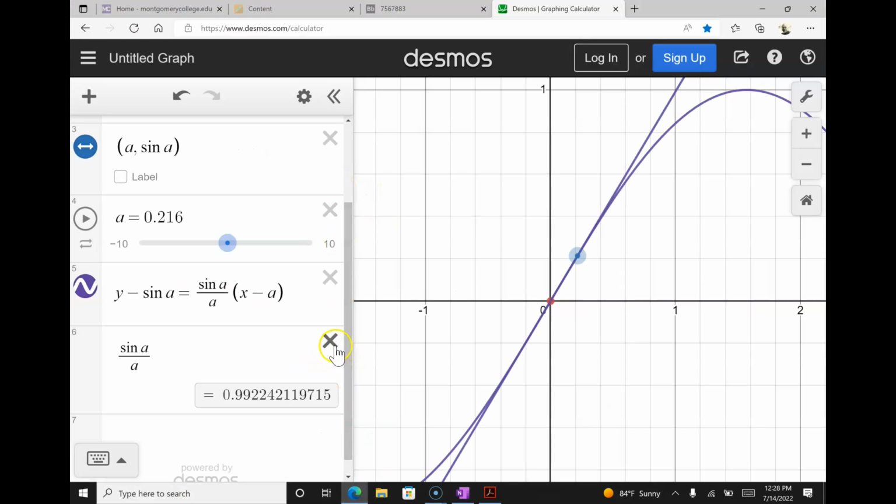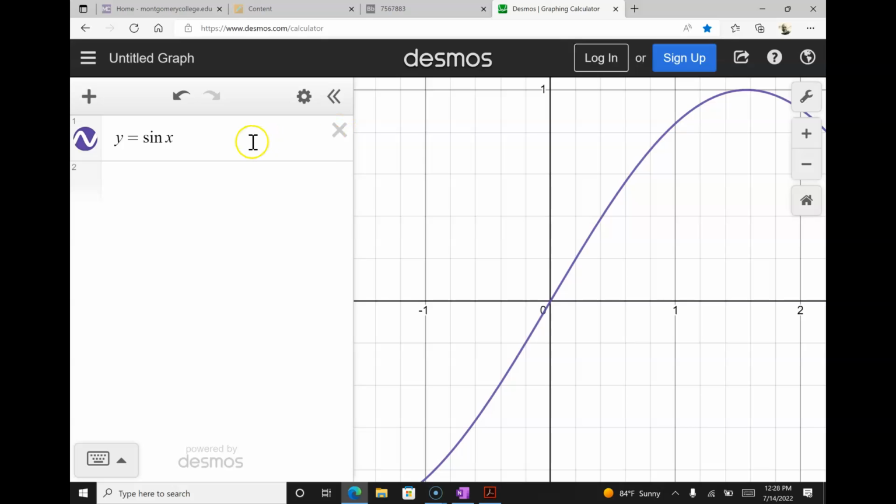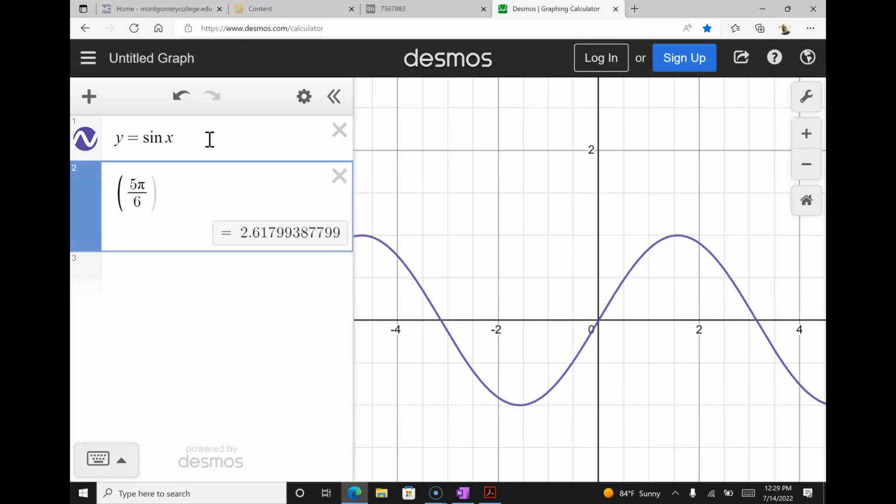So on Desmos, I got sine of x. I should see my 5 pi over 6, comma 1/2. Nice. I'm making sure it's hitting the curve.